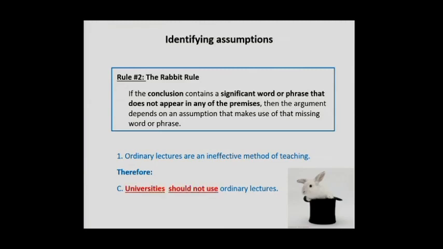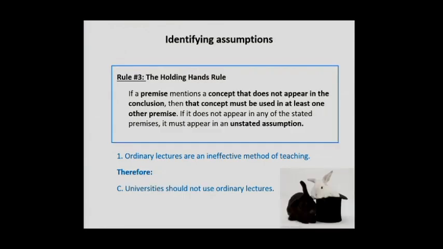So in this case, we seem to have 2 significant phrases in that conclusion: something about universities generally, which isn't even there in the premise, and something about what they should or shouldn't do. That was exactly the rule we were using to reconstruct that assumption. So that's rule number 2.